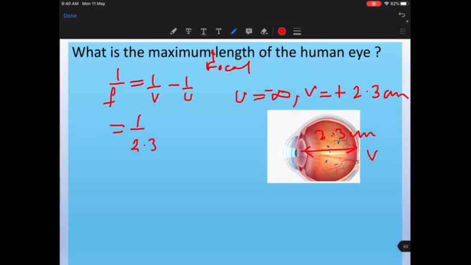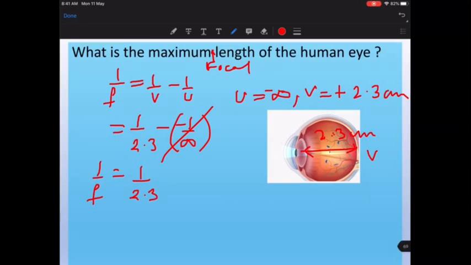So what is going to be your focal length? Your focal length is going to be 2.3 centimeter. This is the maximum focal length of the eye when you want to see the maximum distance. Please make a good note of this question and the next one.